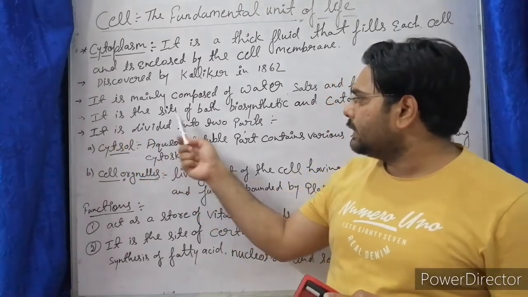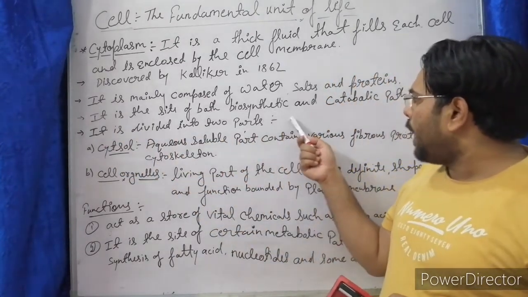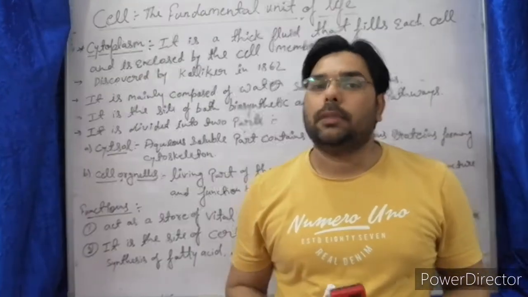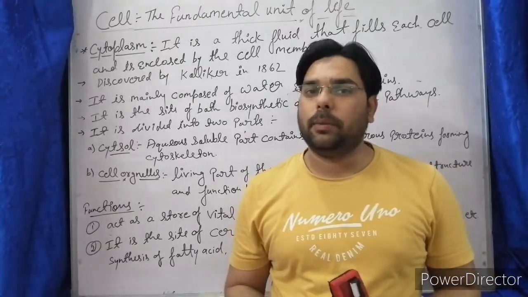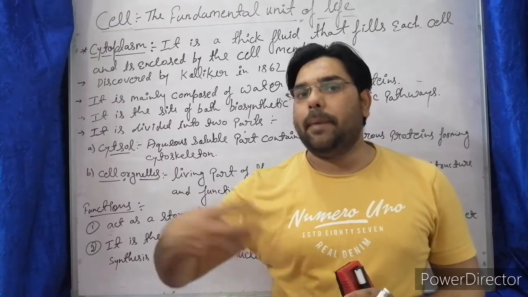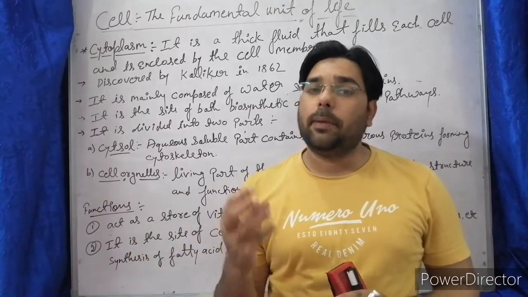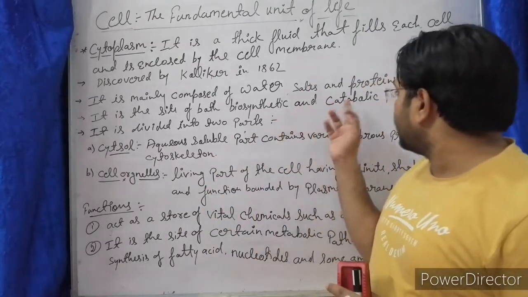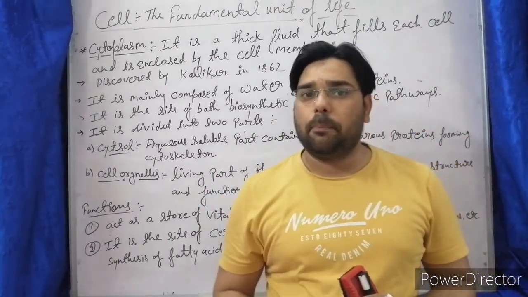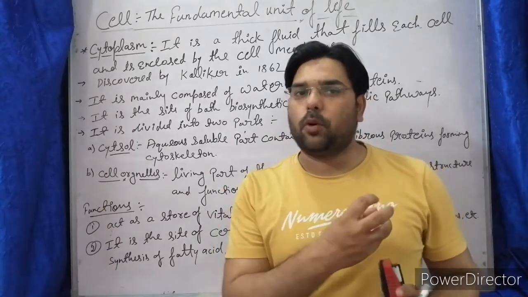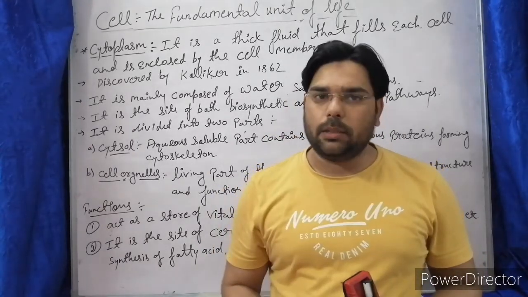Now, it is the site of both biosynthesis and catabolic pathways. Okay, cytoplasm is the site of biosynthesis, means once the living cell makes or synthesizes something, that is called biosynthesis, and catabolism, the catabolic pathway. Catabolism means when we break a bigger molecule into smaller ones.